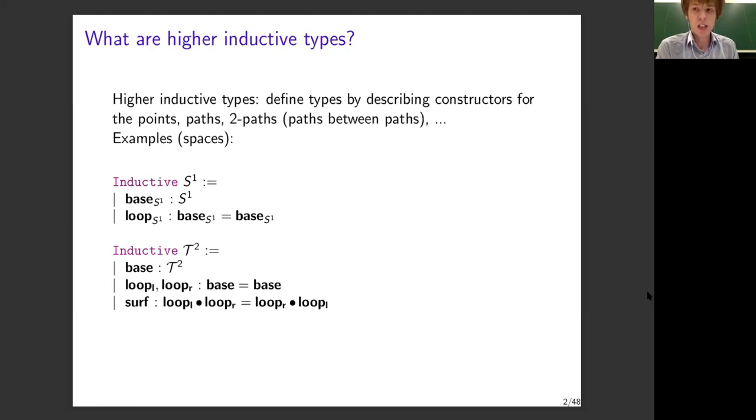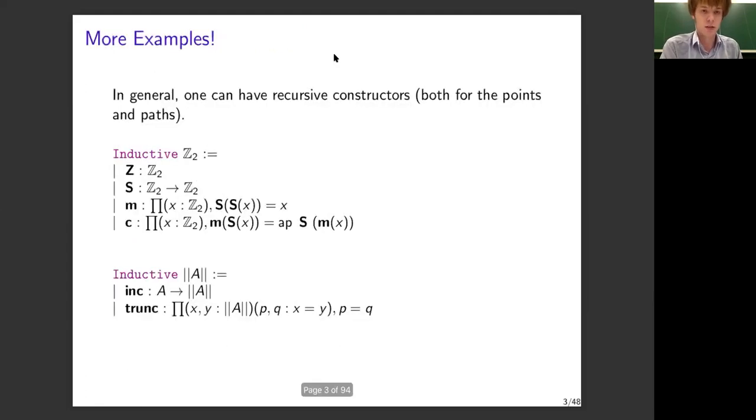But there are other features you might desire from higher inductive types, such as recursion. An example would be the integers modulo 2. This type has a point constructor Z, which is just a point, but you also have a recursive constructor S, and this constructor takes an integer modulo 2 and returns another integer modulo 2.